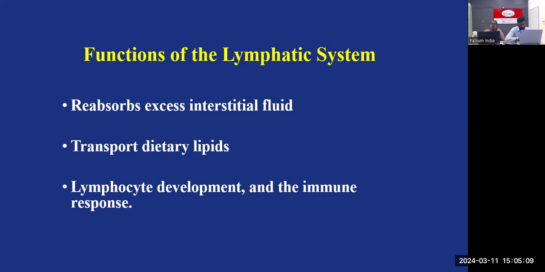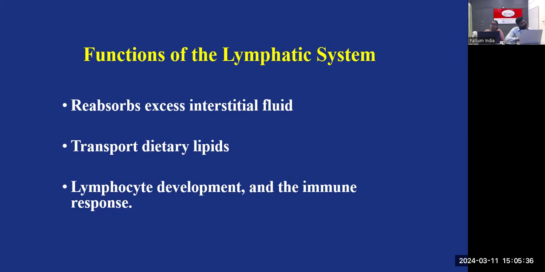That kind of fluid is called chyle, because the fluid contains lipids, and the lymphatic fluid seen in the small intestine is milky in color. That's why we call it chyle. So another function is transporting dietary lipids.